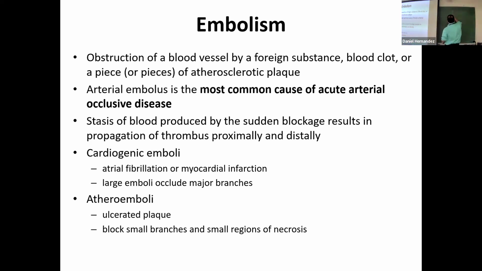So now blood flow can't get down that leg. Blood flow is not getting past that clot, so the blood becomes static. It's not moving, it's not circulating. So that embolus creates more blood clot and it starts propagating. That term propagating means extension. So it's going to propagate up the leg as well as down the leg, and that thrombus, that clot, is going to get worse and worse and worse.